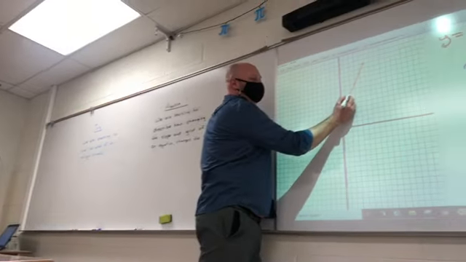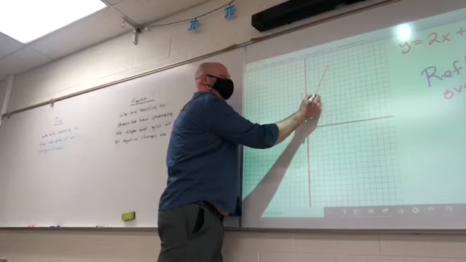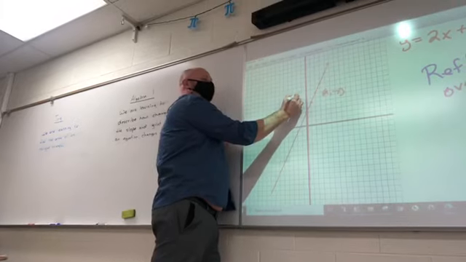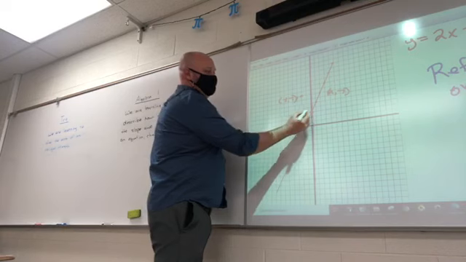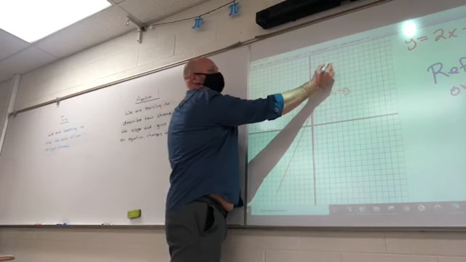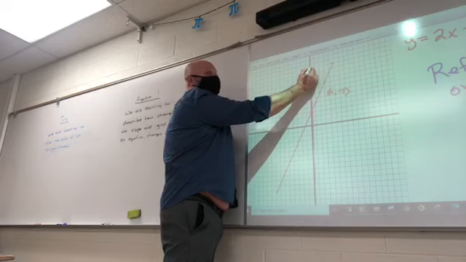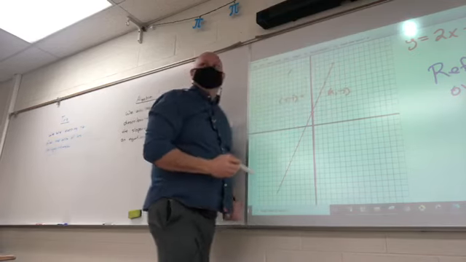So this point, instead of being 2, 7, it's now going to be over here at negative 2, 7, right? This point over here is 5 points away from the y-axis, so this point would go over here 5 points, right?